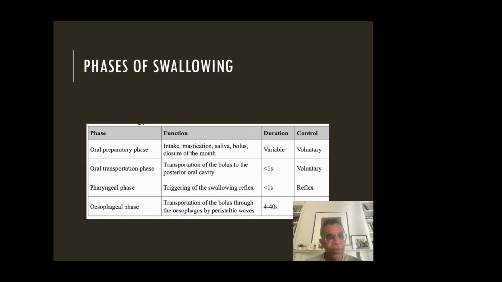A feeding disorder is associated with behaviors which are aversive or associated with other conditions such as autism, where there is a preference for certain kinds of food or colors of food. Dysphagia is associated with changes in the oral preparatory phase, oral transportation phase, pharyngeal phase, or the esophageal phase of swallowing.